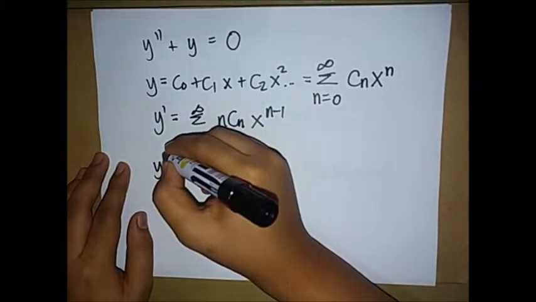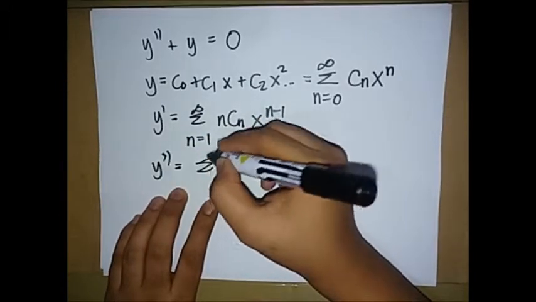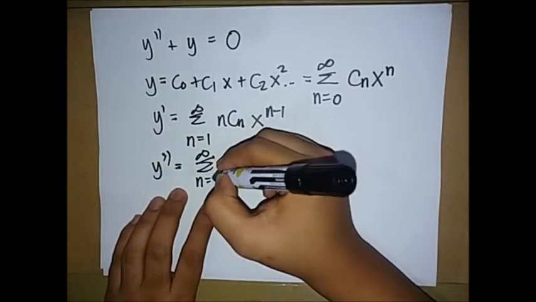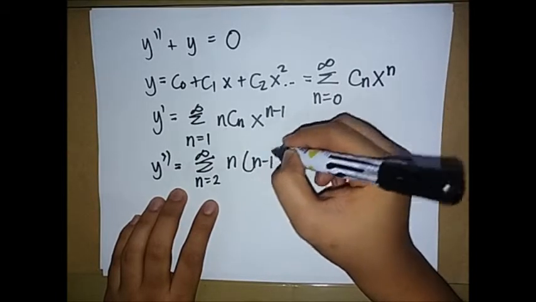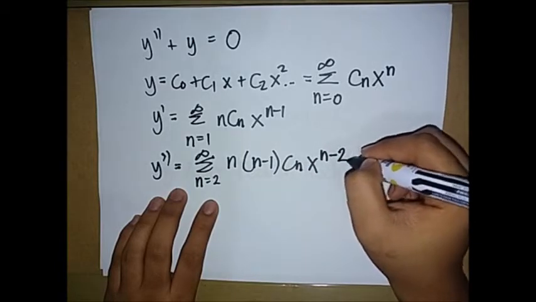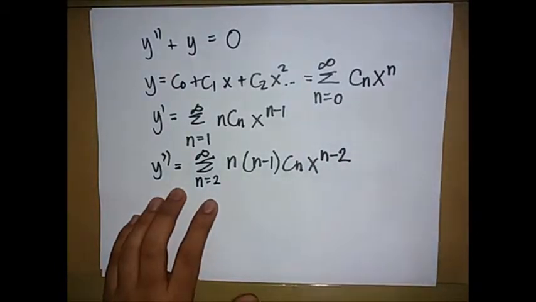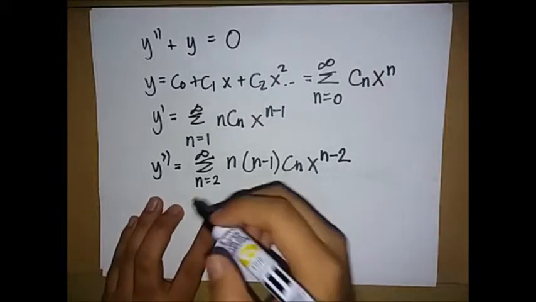Then the second derivative is equal to... now in order for us to compare the expressions for y and y double prime, we rewrite y double prime like this.